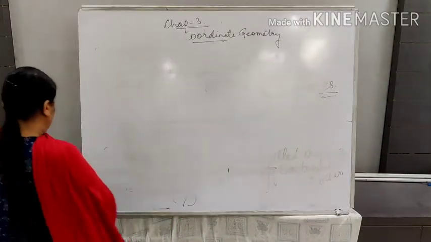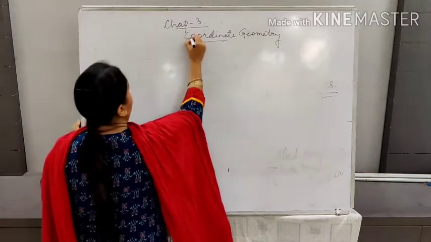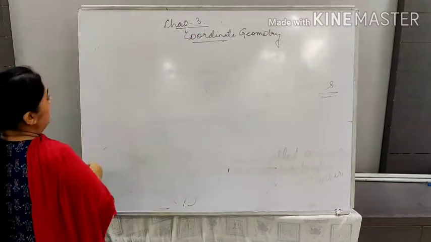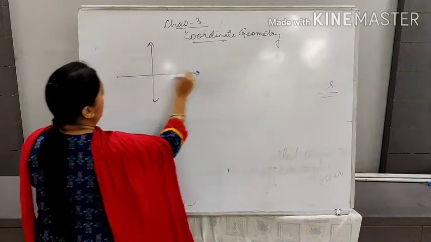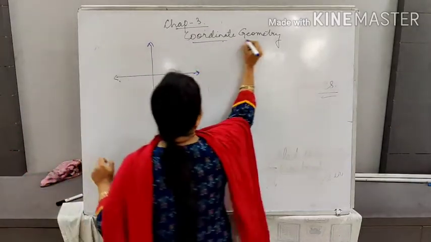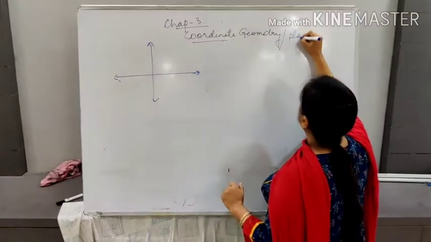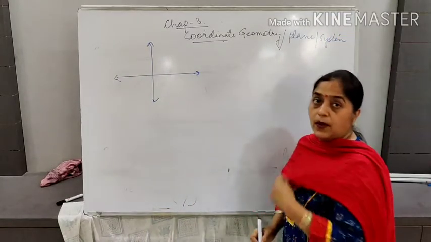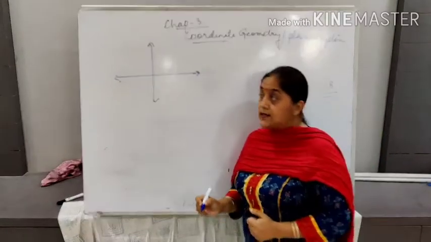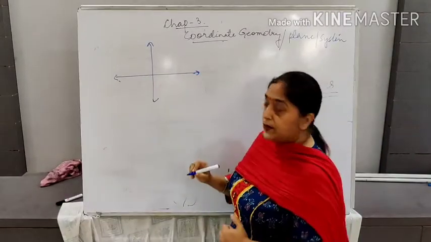So again, what I said is that a coordinate system, coordinate plane, coordinate geometry, all mean the same thing that I am talking about. I am dealing with two axes which are mutually perpendicular to each other.